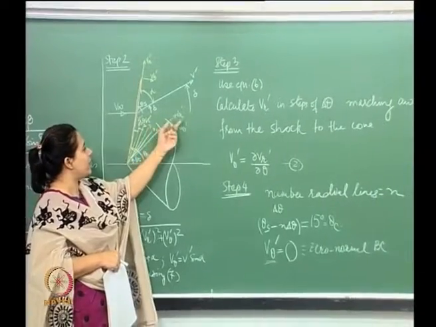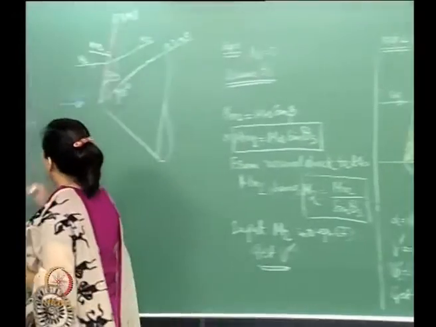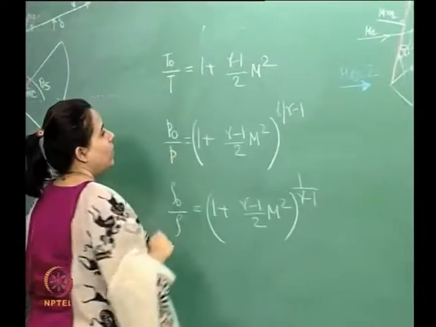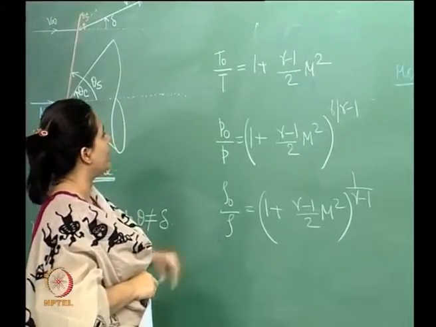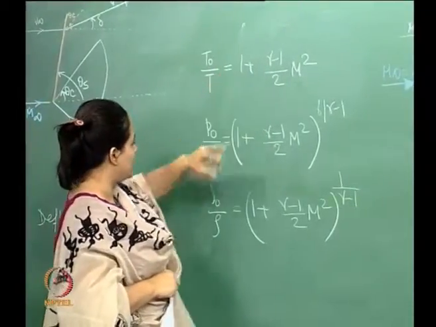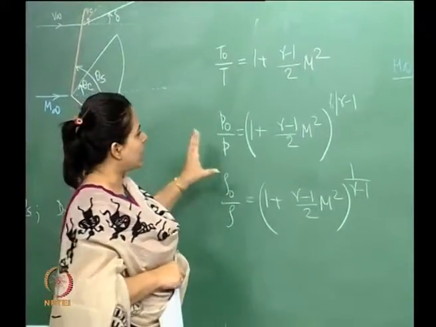So V r dash is essentially V dash. That is the Mach number we are going to implement over here, and use these equations to calculate the properties behind the shock wave.